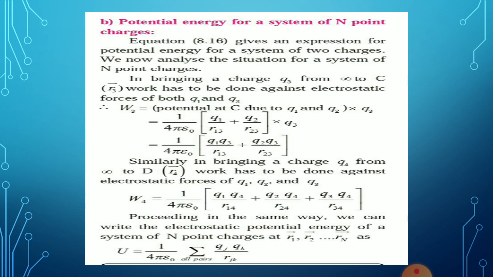In bringing a charge q3 from infinity to point C of R3 bar, work has to be done against the electrostatic force of both Q1 and Q2 charges. Therefore, this work done is W3 equal to the potential at point C due to the Q1 and Q2 charges into the Q3 charge.